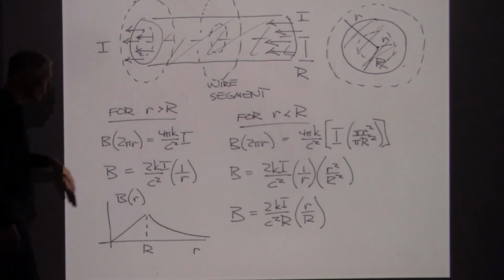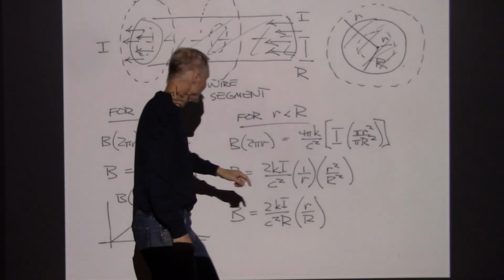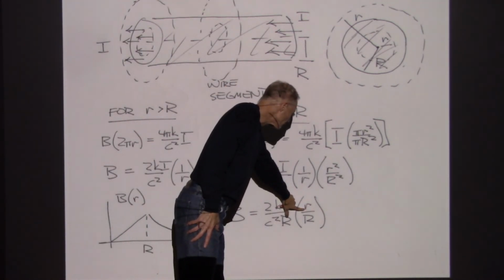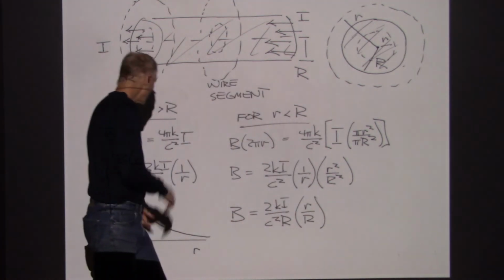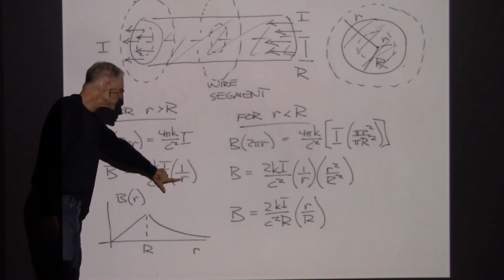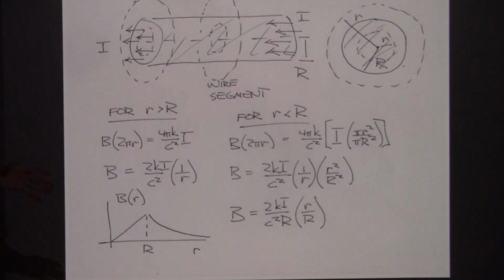Now, what is the magnetic field right at the surface of the wire? Well, that formula I can get by setting little r equal to big R. That will cancel out, and the two formulas match when little r is equal to big R. So little r is my variable. Big R is the radius of the wire.